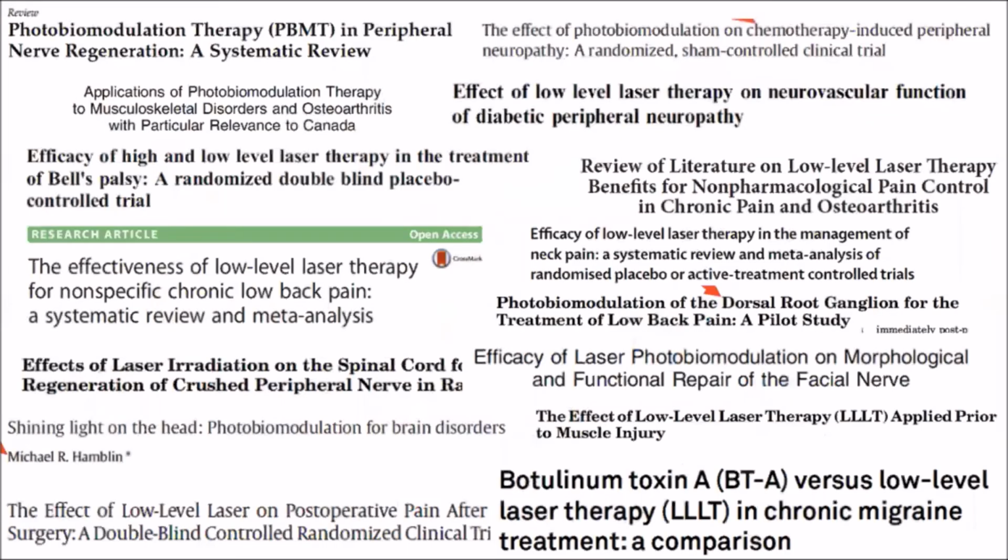Some of these studies included studies on peripheral nerve regeneration, the effect of laser therapy in the treatment of Bell's palsy, the effectiveness of laser therapy for non-specific chronic low back pain, pain control in chronic pain and osteoarthritis, and so on.